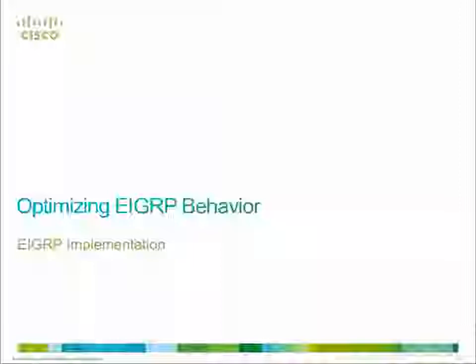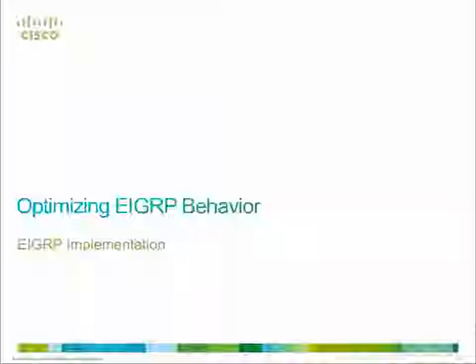Everything we're going to see in this process is nothing that's required in an EIGRP implementation, but it is certainly something that's necessary for us to make sure that EIGRP is operating as efficiently as it possibly can.